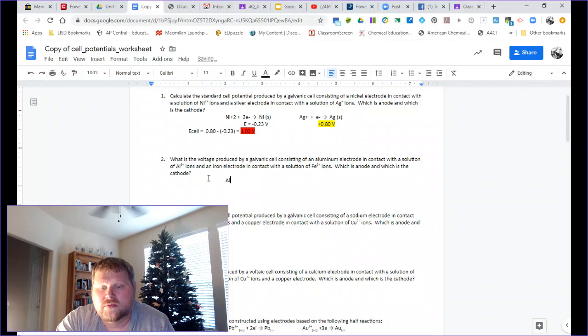Aluminum 3+ to be reduced will need 3 electrons to make aluminum metal, and iron 2+ would need 2 electrons to make iron metal.